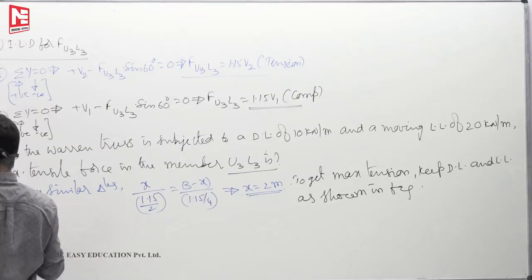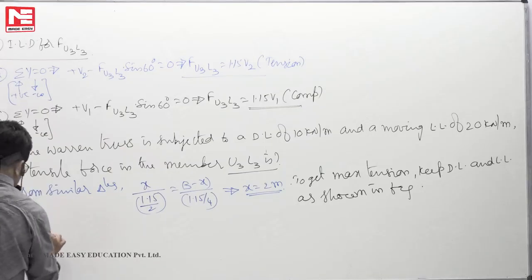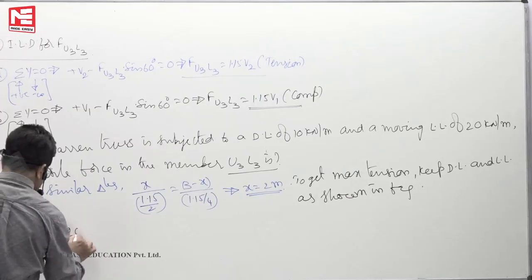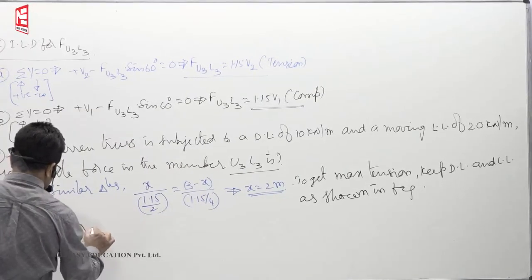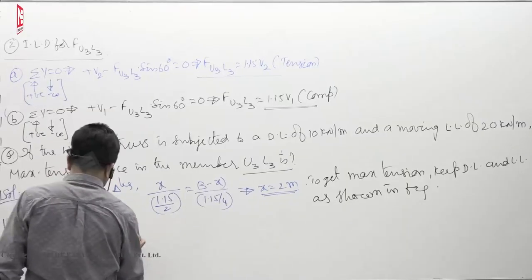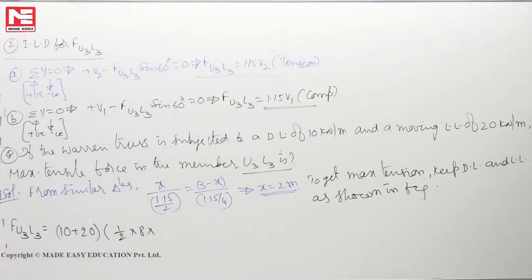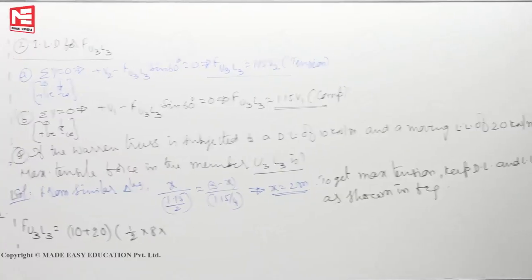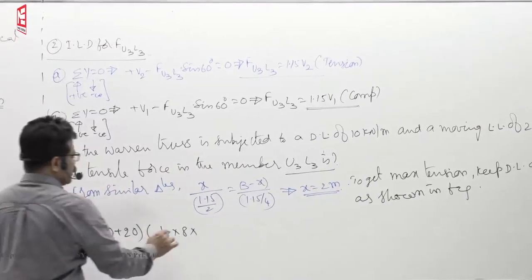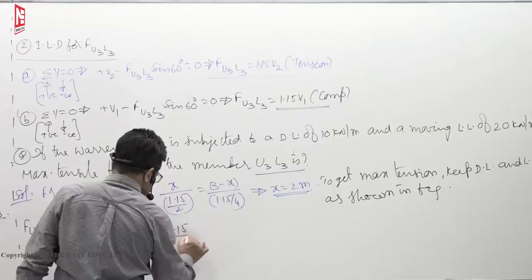Now DL plus LL up to AB span you have dead load plus live load. So 10 plus 20 into positive area, half base is 8 meters. That means from here to here is 8 meters. This is 1.15 by 2. Half base into height.